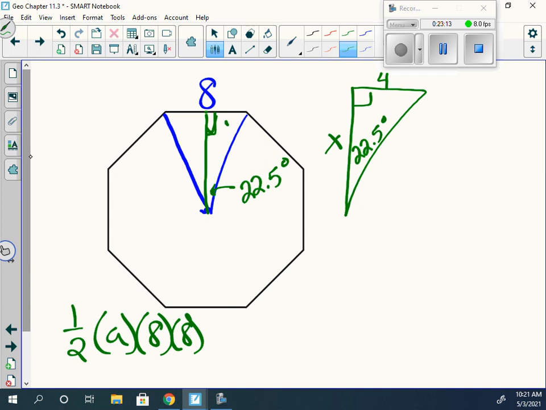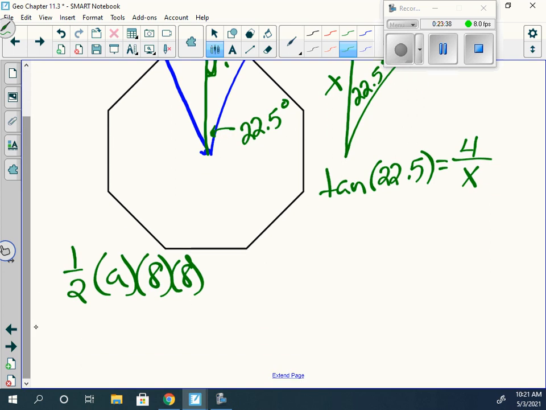Do we have a way to find that value for the apothem given an angle and a side length? Tangent. Because tangent of 22.5 degrees is equal to the opposite side length over the adjacent. Now to solve for the value of x, we would multiply both sides by x, telling us x tangent of 22.5 is equal to 4.